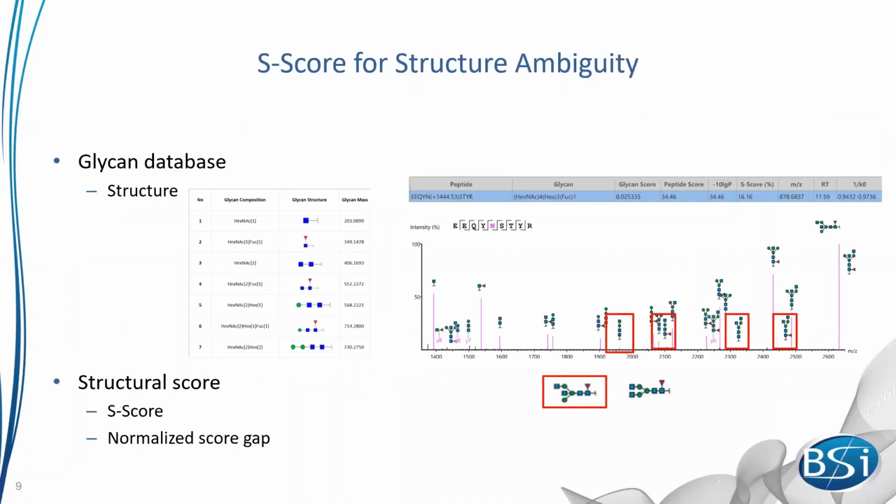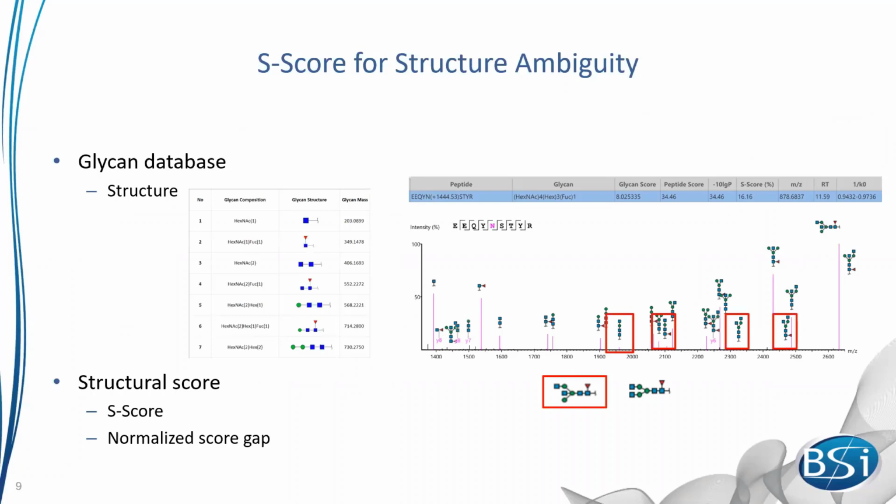All right, and now for the concept of structure ambiguity. In Glycan Finder, we provide a way for you to determine what is the most likely glycan structure that matches up to a spectrum.